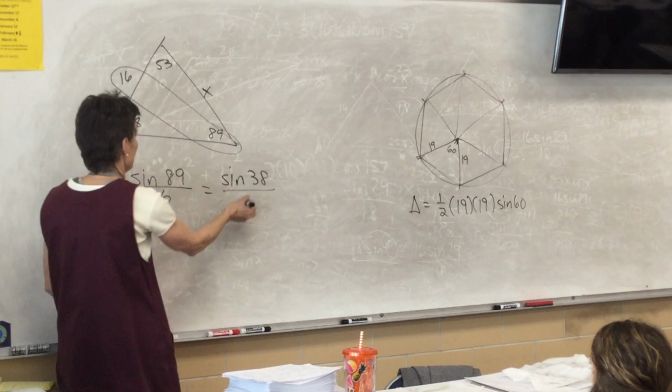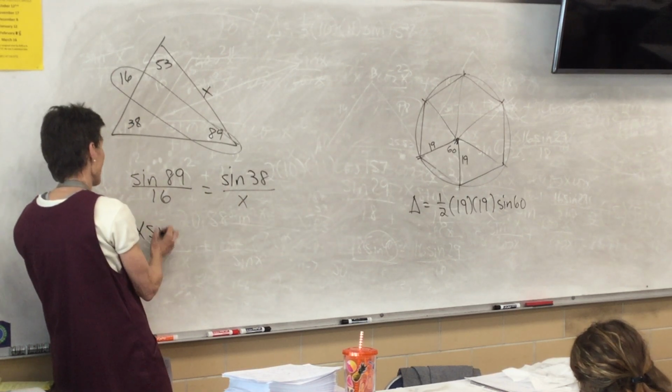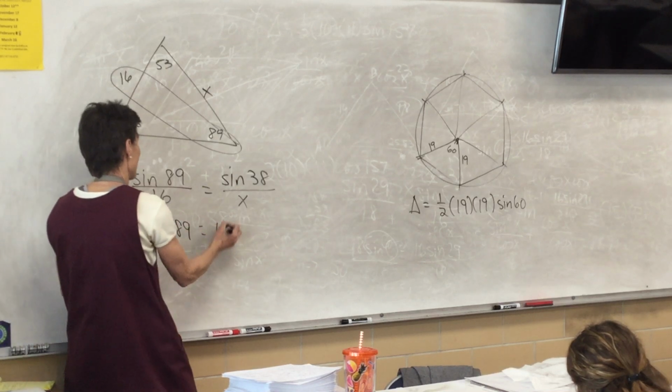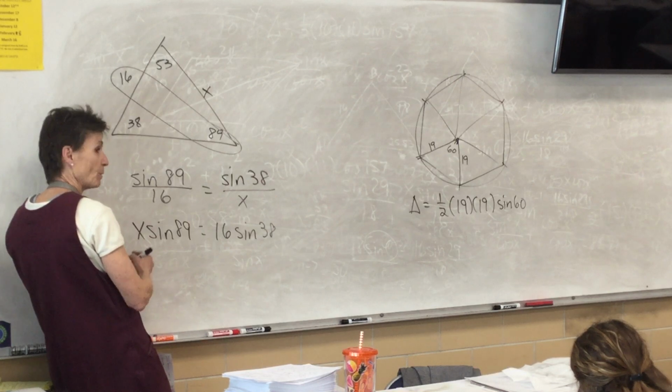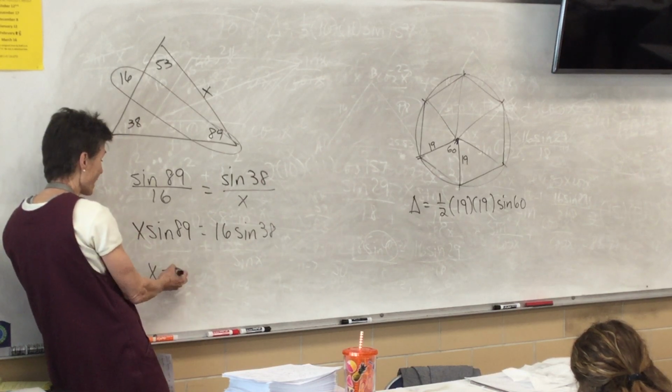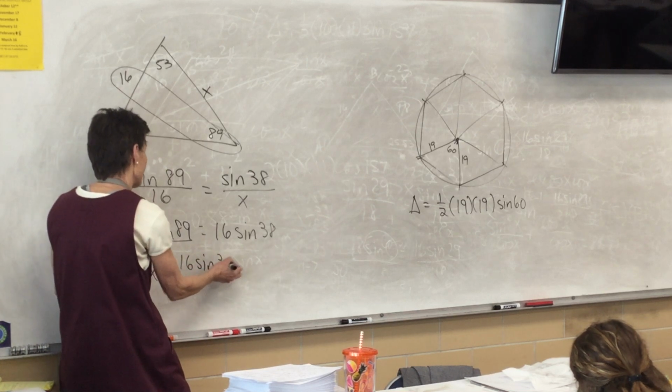So now, I'm going to cross multiply. So X sine 89 equals 16 sine 38. Now what do I divide by? I'm solving for X. Sine 89. So I gotta divide by sine 89.